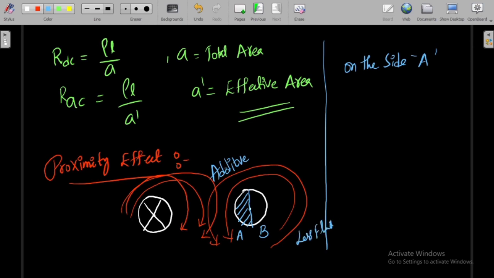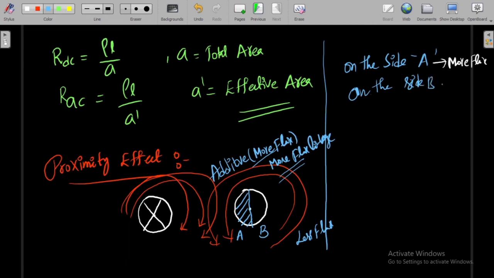As these two fluxes are additive, you have more flux, and when you have more flux, you have more flux linkage. Whereas on the right side, which is side B, you have lesser flux.